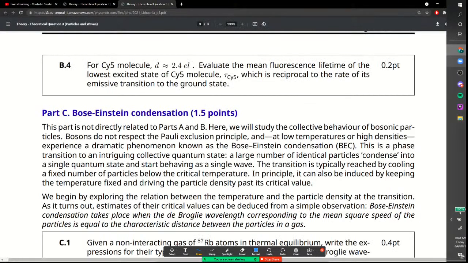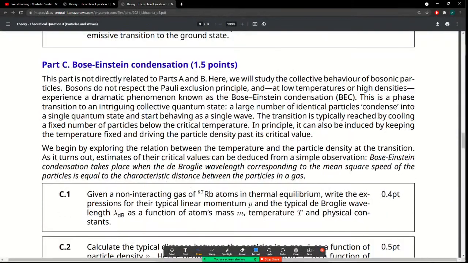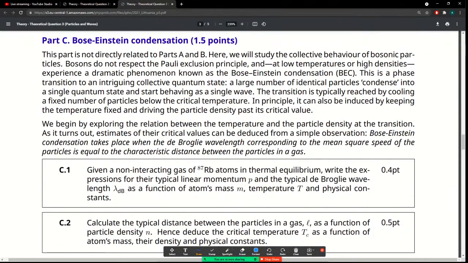Okay, then you can do the next part, part C1. And this part is not directly related to parts A and B. Here we will study the collective behavior of bosonic particles. Bosons do not respect the Pauli exclusion principle, and at low temperatures or high densities experience a dramatic phenomenon known as Bose-Einstein condensation, BEC. This is a phase transition to an intriguing collective quantum state.